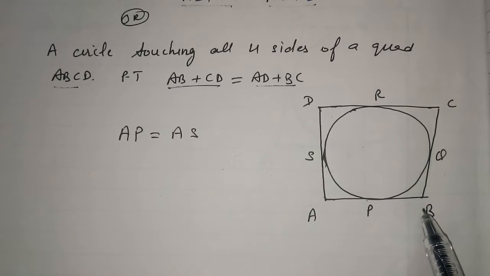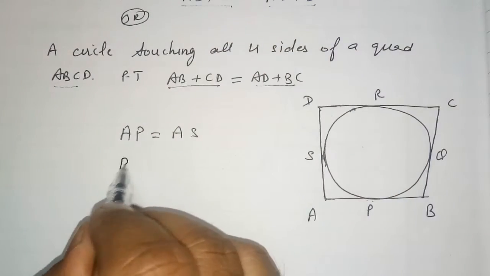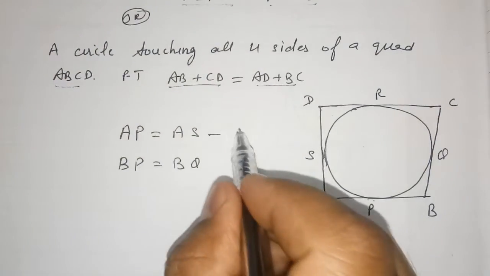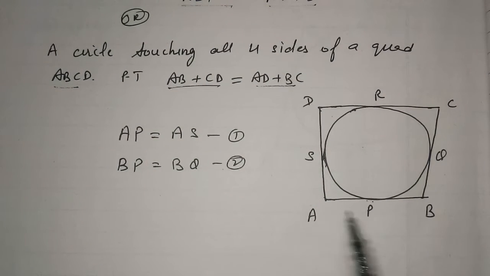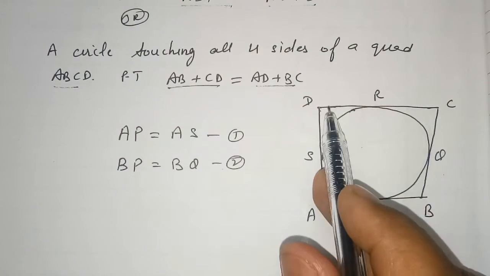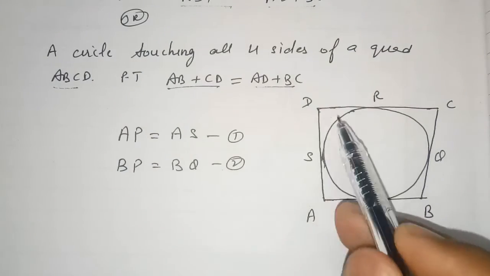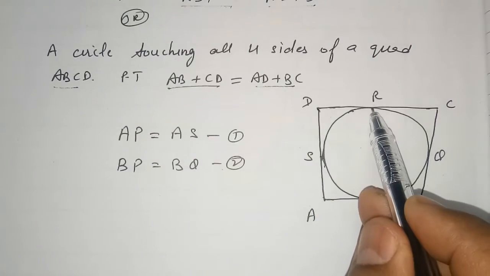Similarly for point B, BP and BQ are the tangents, so we will write BP equals BQ. And in this case, remember one thing: if we are starting from AB, which is the tangent, then for the second case you will take the opposite side, that is CD. So for CD, if D is the external point, then the tangents DS and DR will be equal.